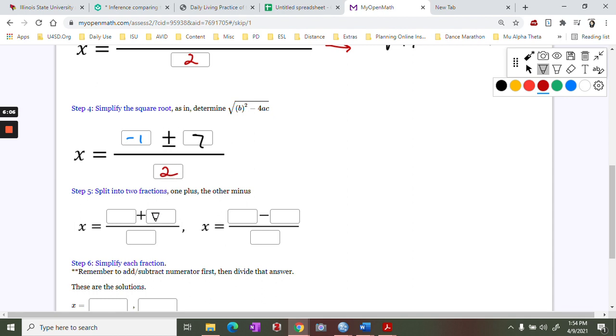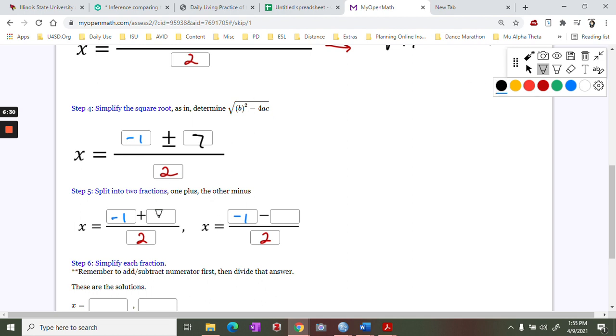So now the next complex piece is the plus minus. This means we're going to consider two different equations, -1 plus 7 divided by 2, and then -1 minus 7 divided by 2. So our -1 is that first number. Our 2 does not change, and that's the same in both sets.